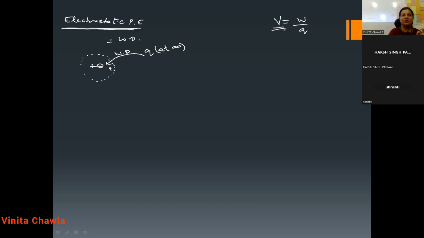It is the amount of work done in bringing a unit positive charge from infinity to some point P in the electric field of a given charge. If we say unit positive, then it's electrostatic potential. And if we talk about just the work done, and do not consider the amount of charge, then it's electrostatic potential energy. Okay. Now draw a coordinate axis.